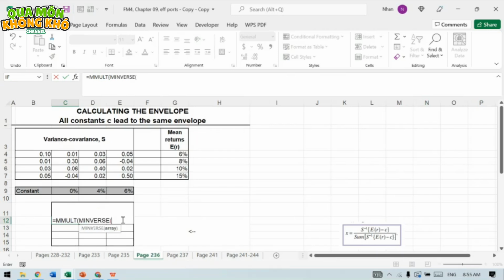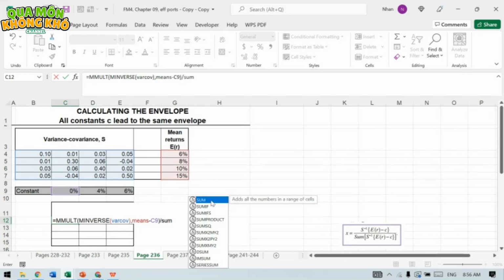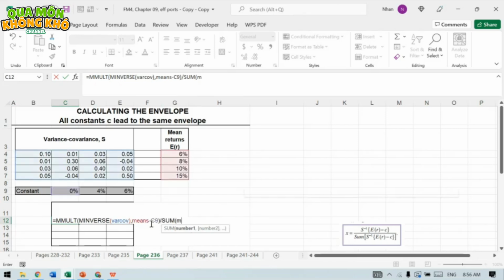Inverse variance covariance, means, no, it's hard to, minus constant, sum, inverse, and then mean.